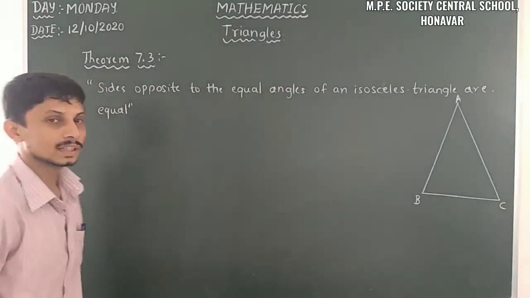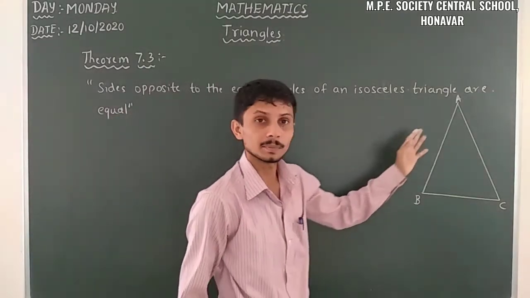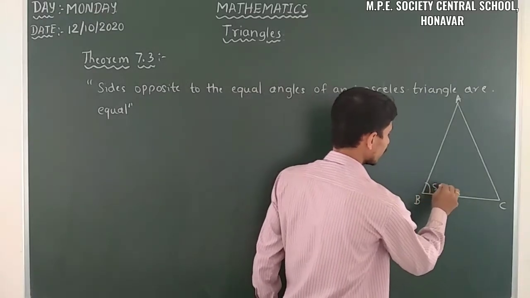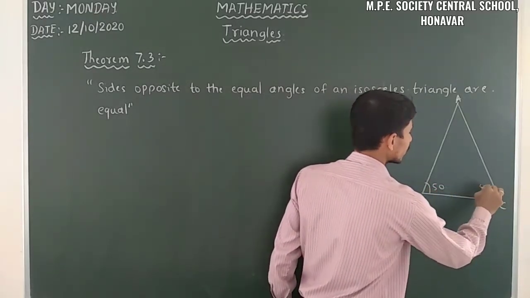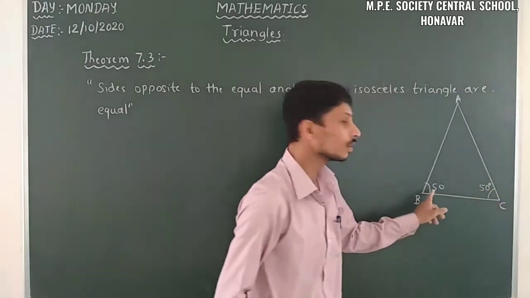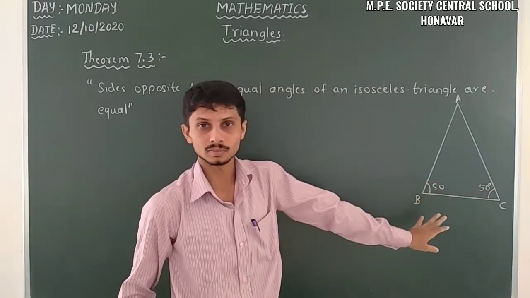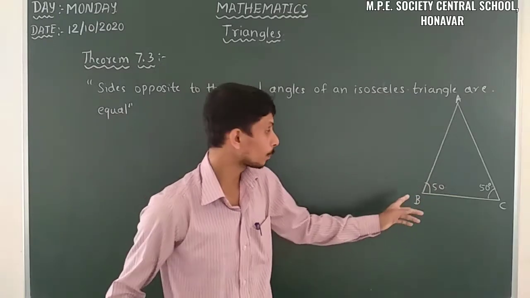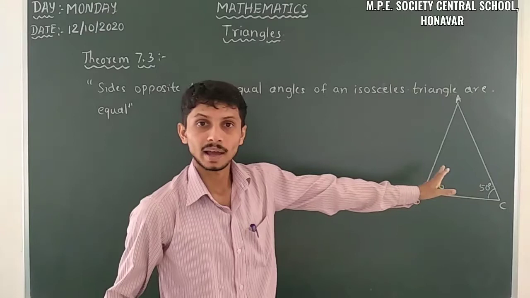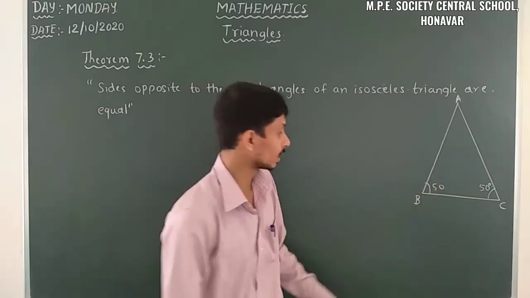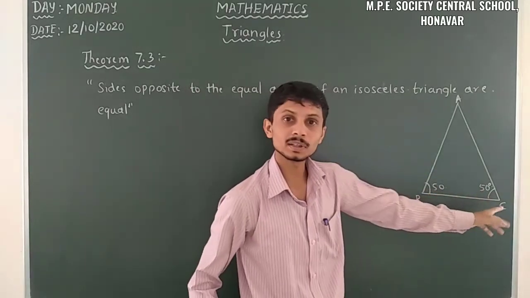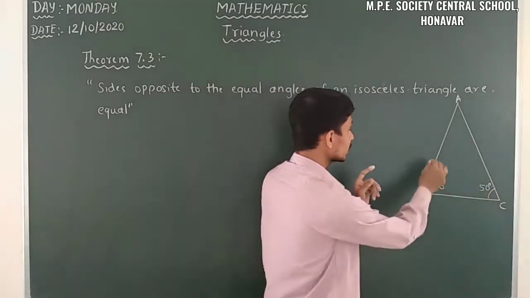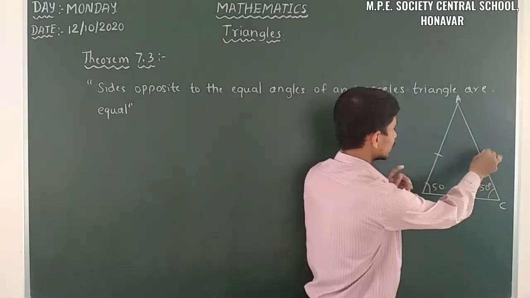So that means here it is an isosceles triangle, ABC. Here it is given that this angle is 50 degrees and this angle is also 50 degrees. So the sides opposite to these angles are also equal. Here 50 degrees, here 50 degrees, so the side opposite to this angle is this and to this angle is this.